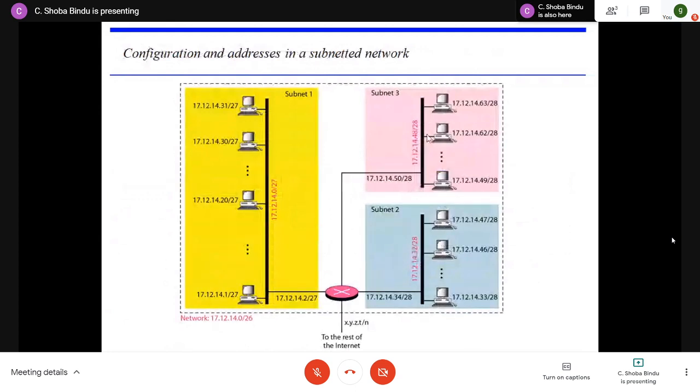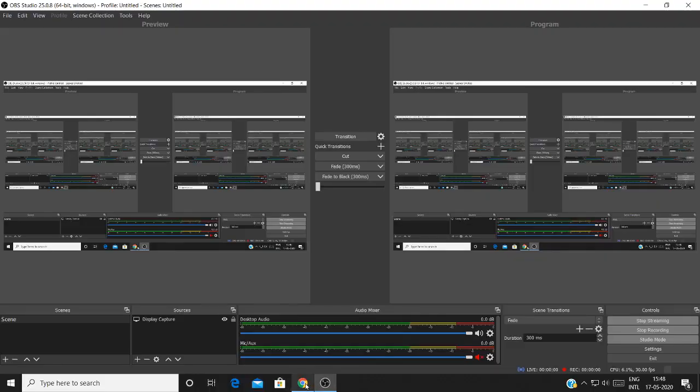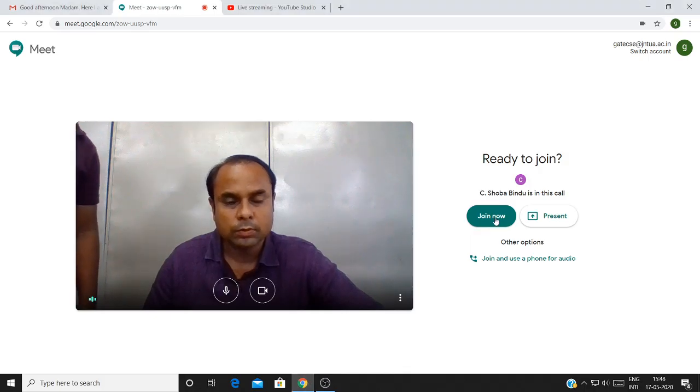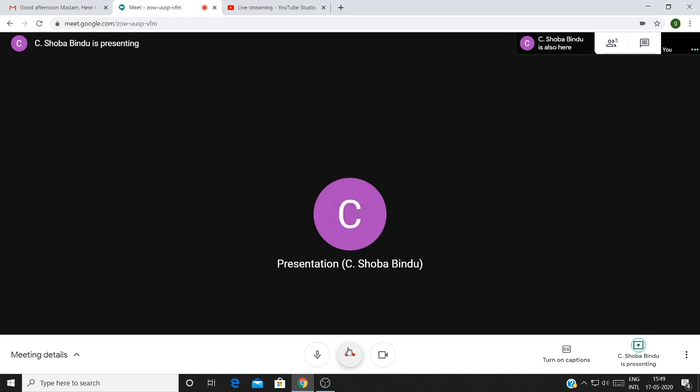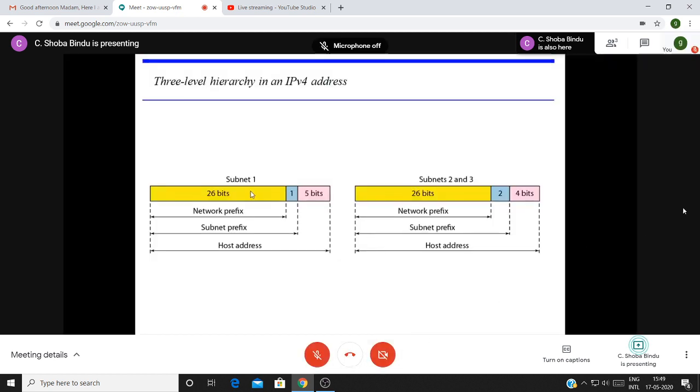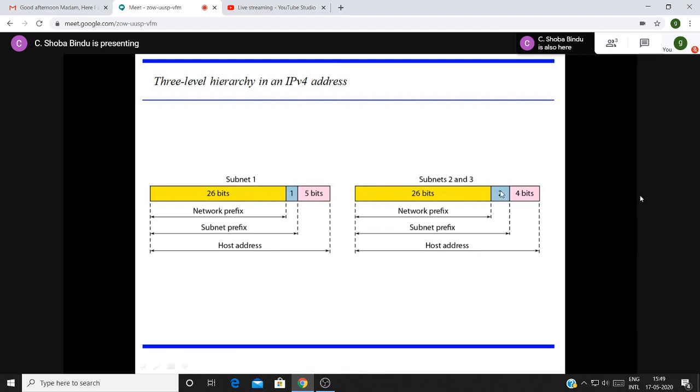When you go for subnetting, dividing, the hosts are divided into a number of groups, and hence the number of bits in the subnet prefix will be increased.